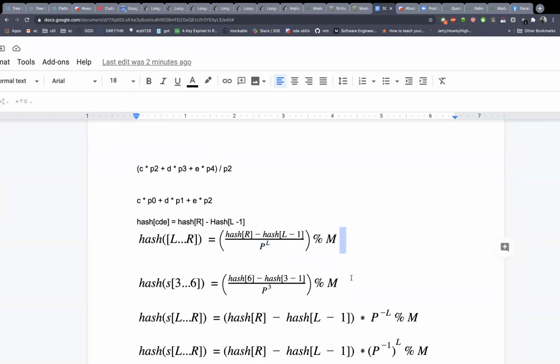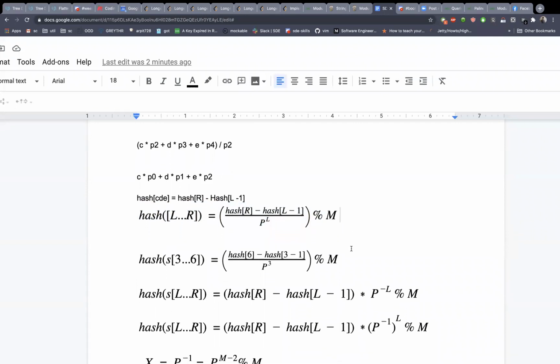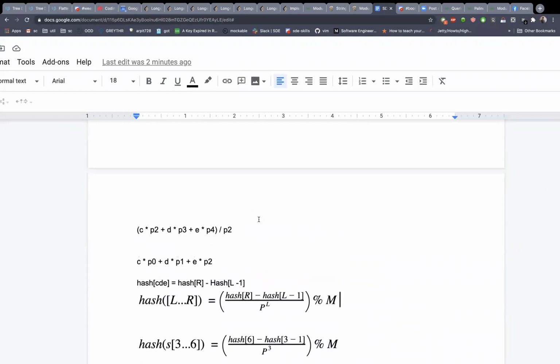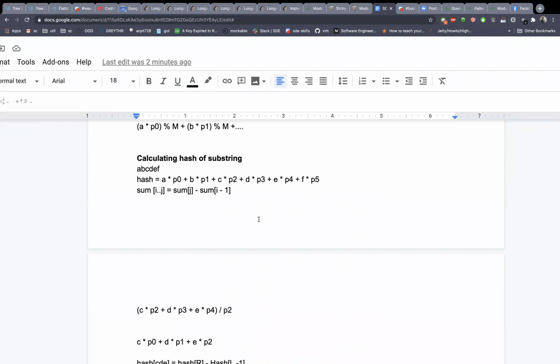I hope I could explain the concern with this approach. If we skip this P to the power L part in the denominator, will it make any difference to the hash? I know the value would be different, but I think we can also go with that.